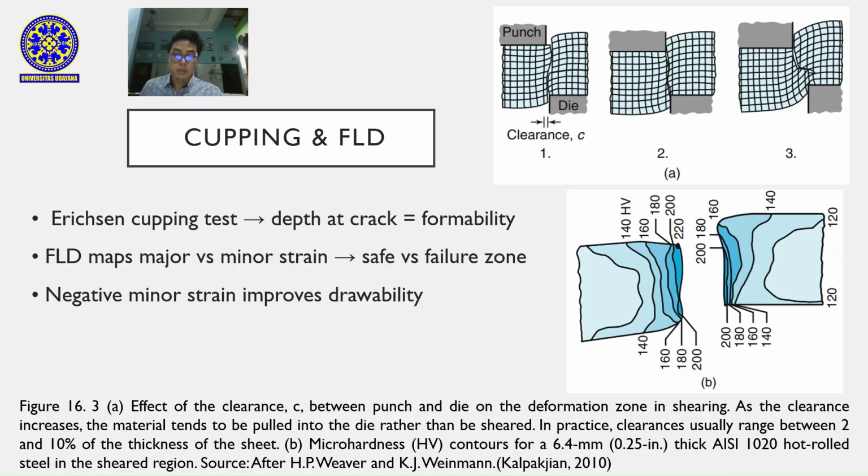Forming limit diagrams map permissible strain combinations based on major and minor strain axes. Negative minor strain values generally improve deep draw performance and suppress fracture.